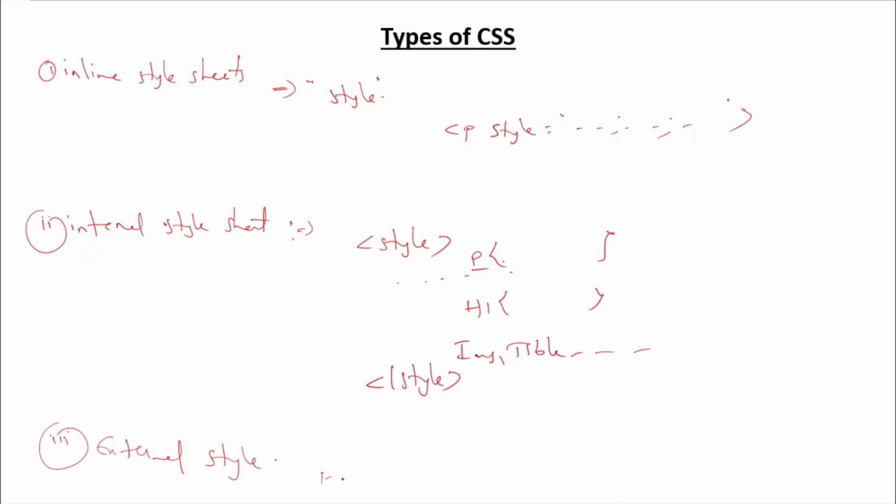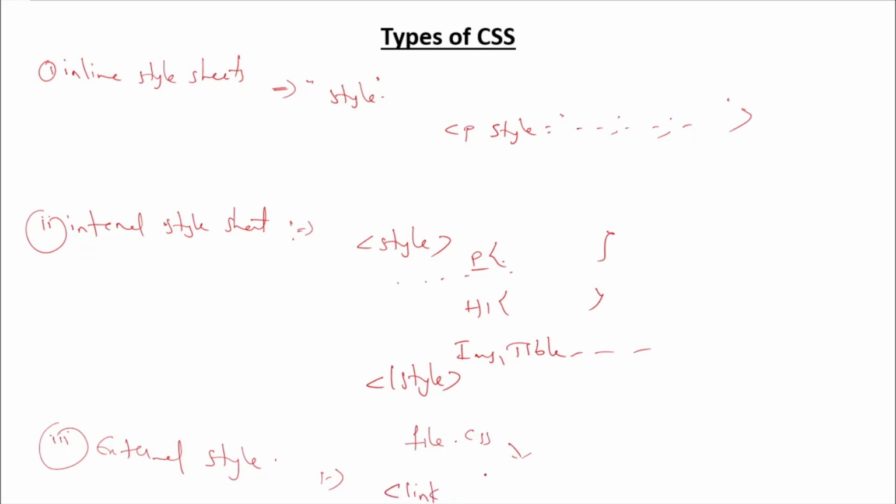External style sheet in the sense, first we take one file and save the file with .css, and here you can place different types of selectors and properties and values. This file you can link with a particular HTML with the help of the link tag.